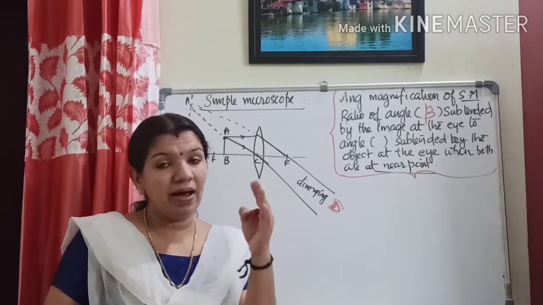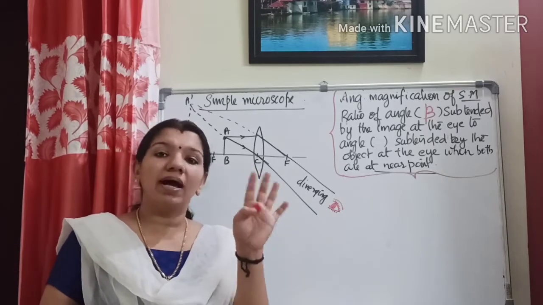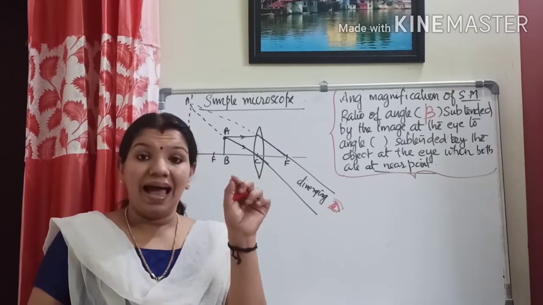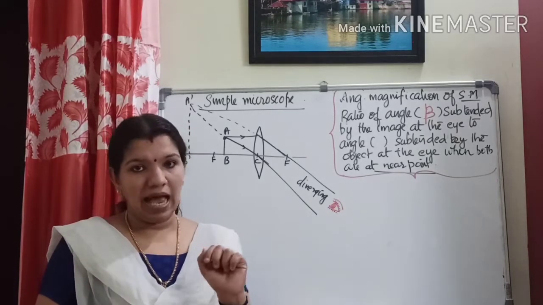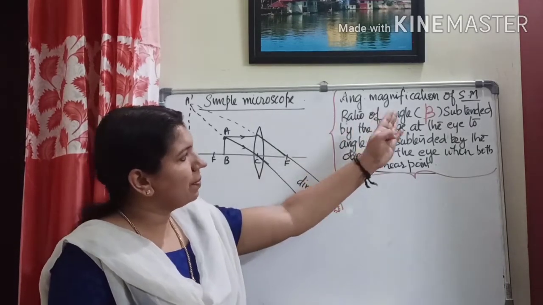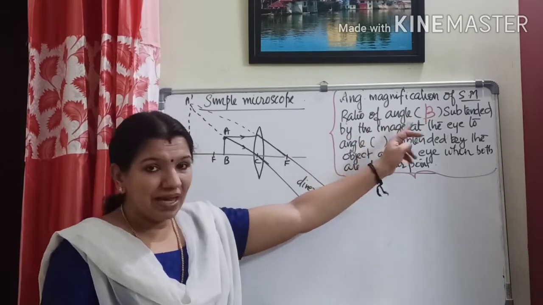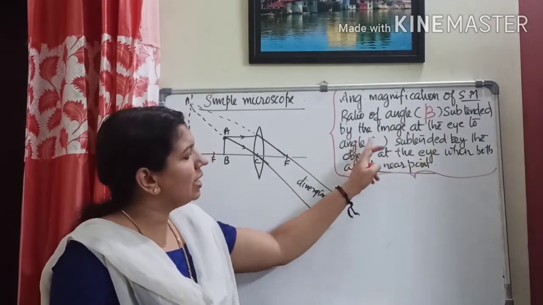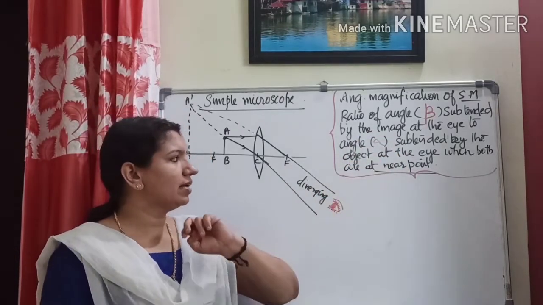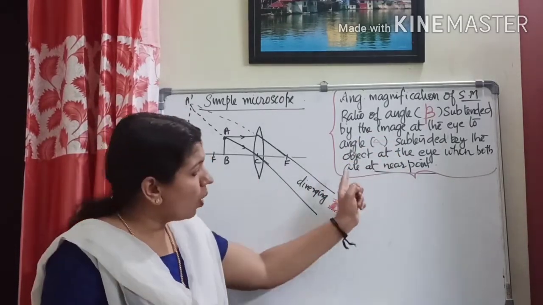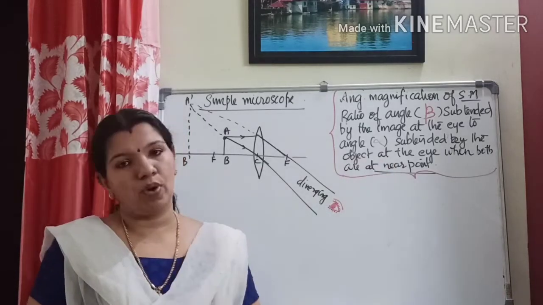The angle made by image is always represented by the letter beta, and the angle made by object is always represented by the letter alpha. So ratio of the angle beta subtended by the image at the eye to the angle alpha subtended by the object at the eye, in the condition is both are at the near point.